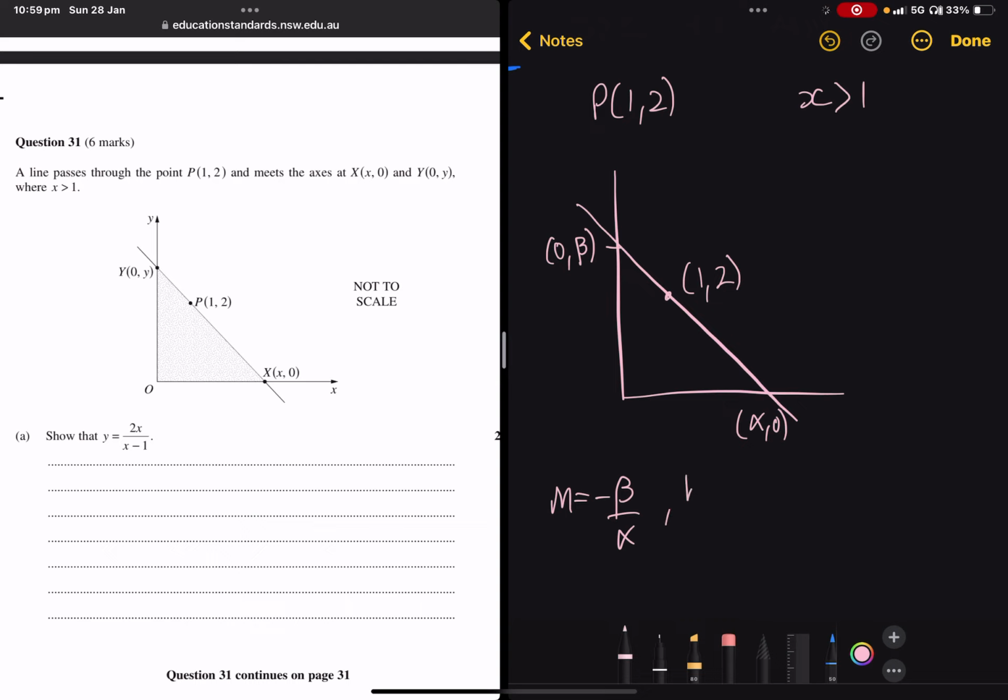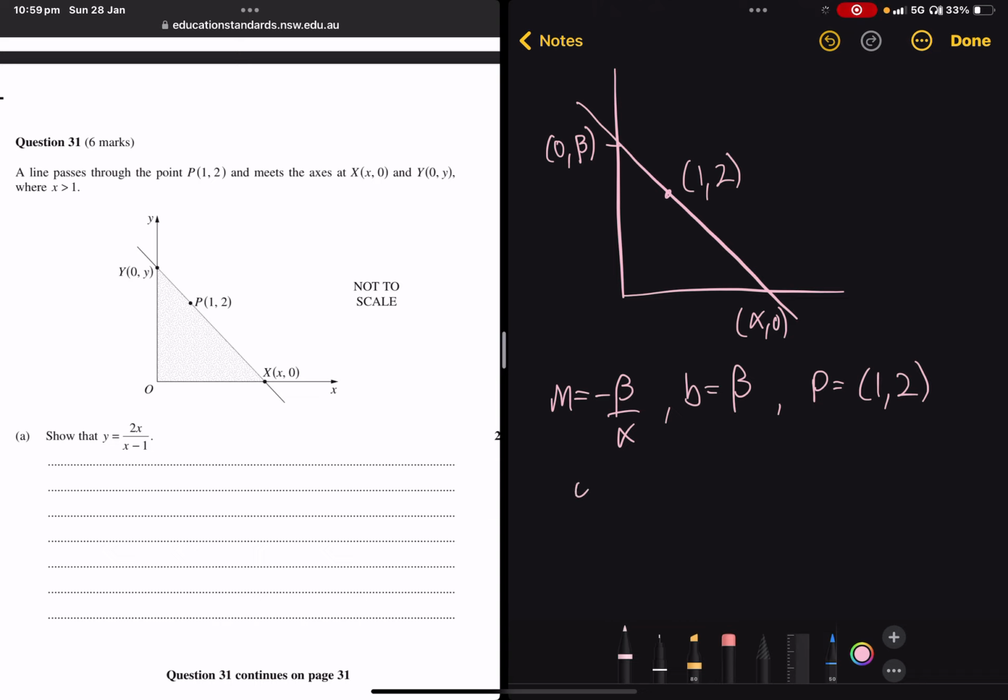The y-intercept, b, is just equal to the value beta, and a point that this line passes through that has numerical values is the point (1, 2). So we can take our line form, y equals mx plus b, and plug everything in. The x value is 1, the y value is 2, so 2 is equal to m, which is minus beta on alpha, times x, which is 1, plus b, which is beta.